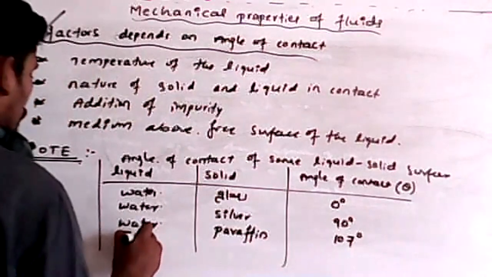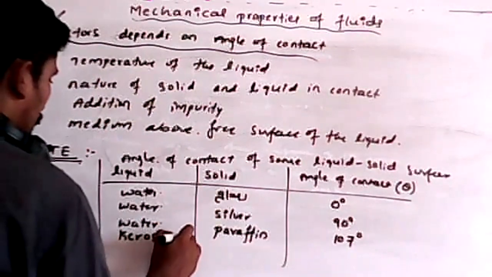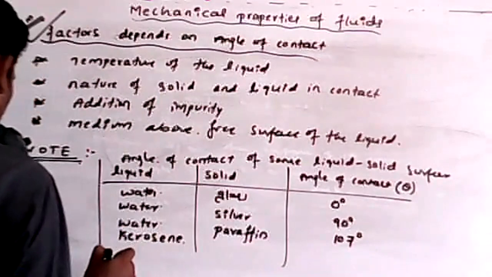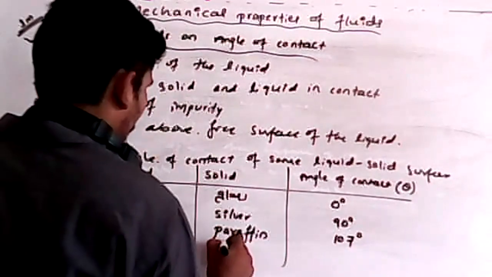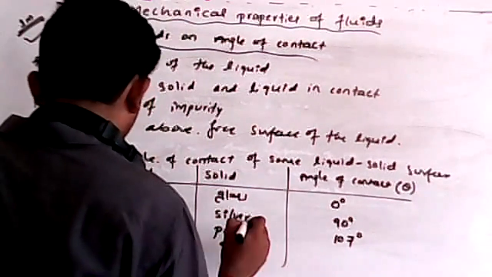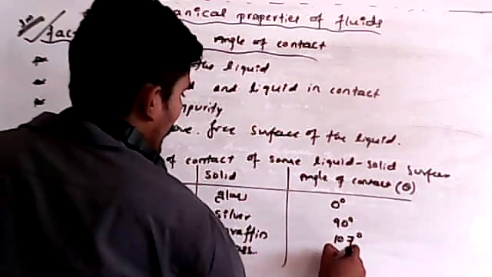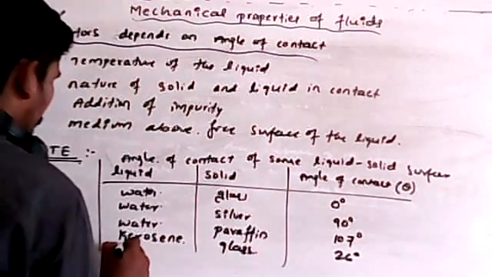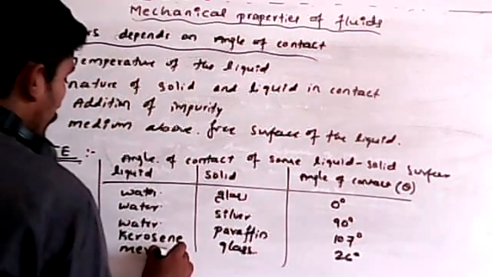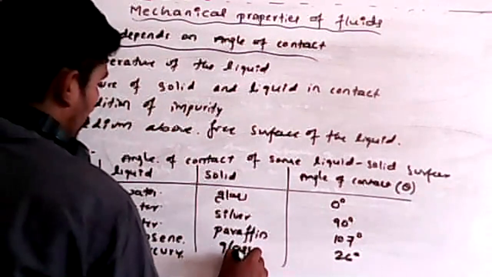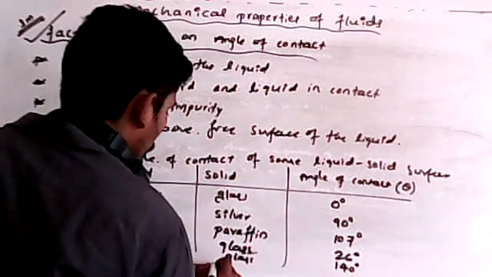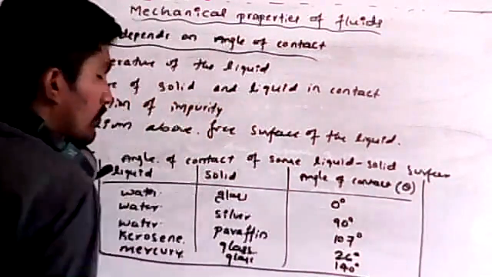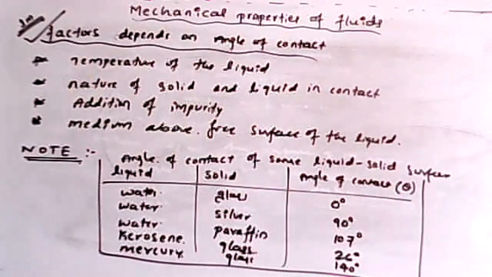Then kerosene and glass, that is 26 degree. The last one is mercury and glass, which we already know, so this is 140 degree. So this is for different conditions where we use angle of contact.